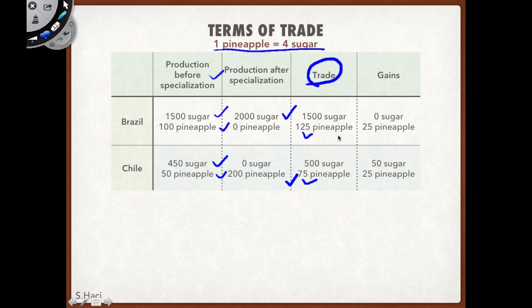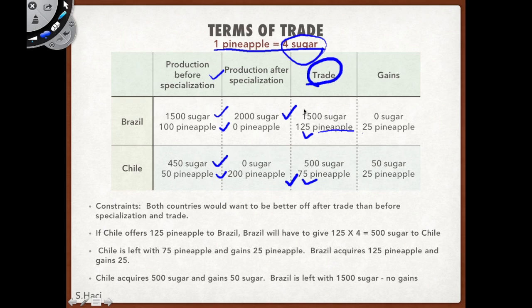So now, to pay for those 125 pineapples, Brazil is going to have to give up 4 sugar per unit of pineapple. So that 125 pineapple times 4 will give us 500, it's the 500 units of sugar.